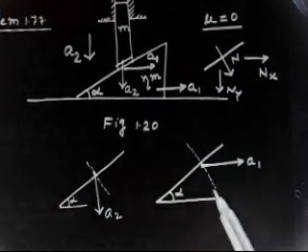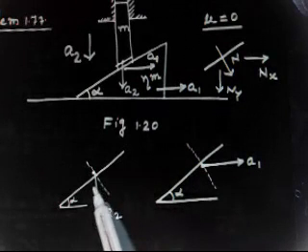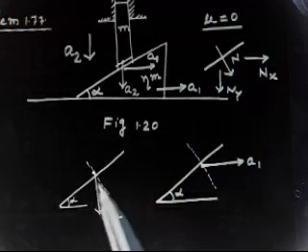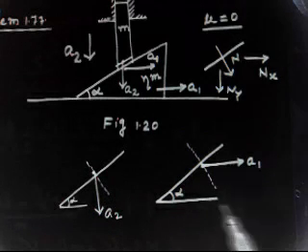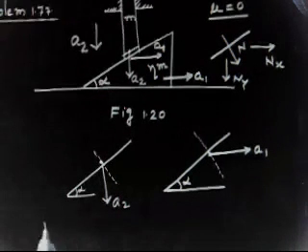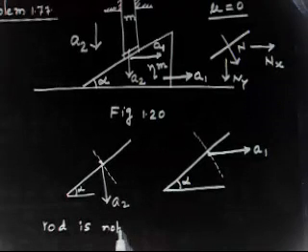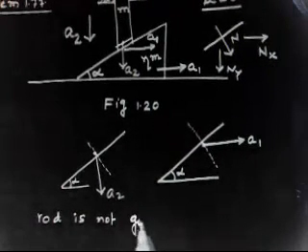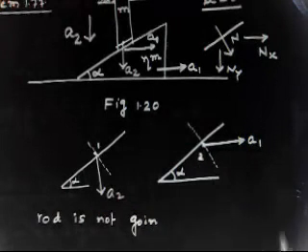The acceleration of this point in this direction is the same as the acceleration of this point in this direction, because they are not pressing or impinging on each other. So the rod is not going inside the wedge. Let us call this point 1, and this point 2.